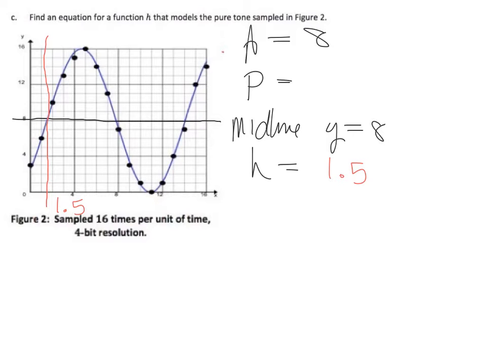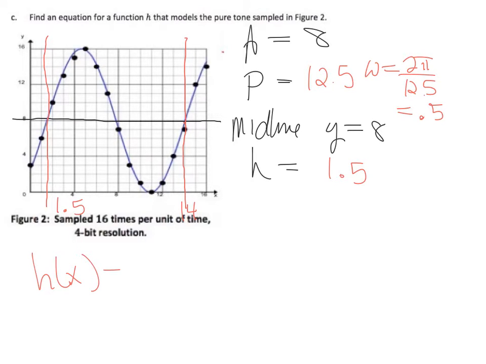So it starts there, it stops here. So we're at 13, 14, so that's 14 minus 1.5 through 12.5 again. So omega is 2 pi over 12.5, which we did the math a little bit ago, and we got 0.5. So we can write our equation.